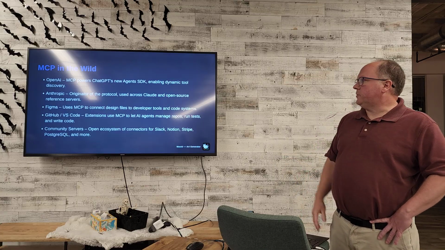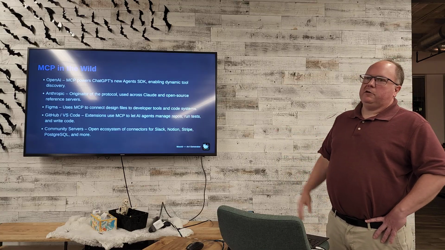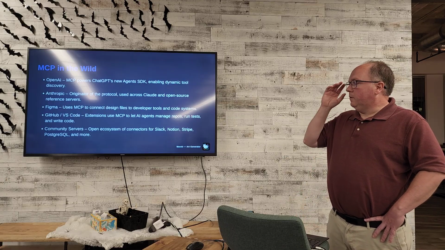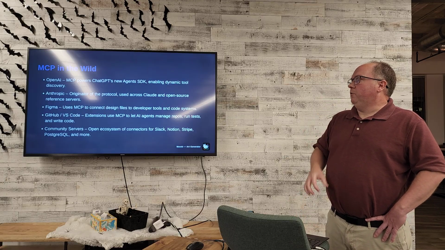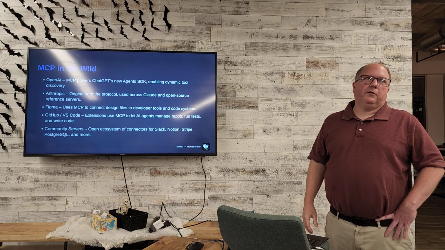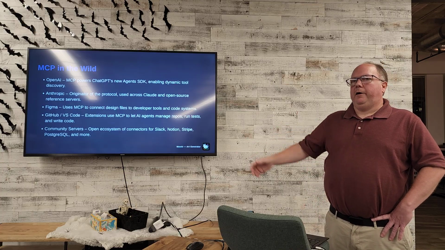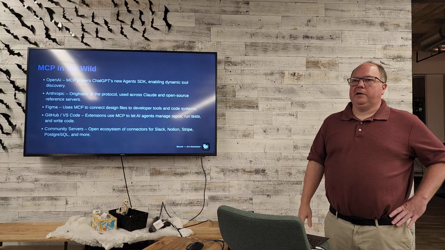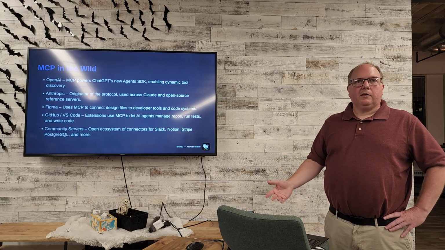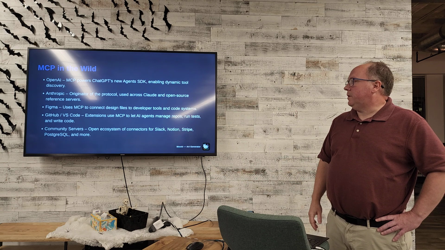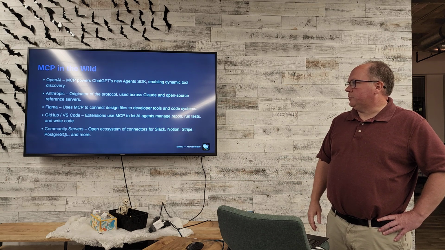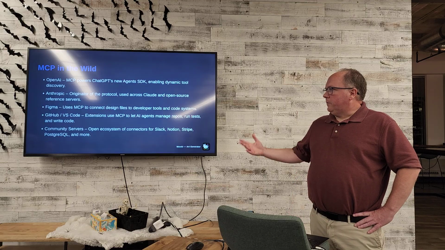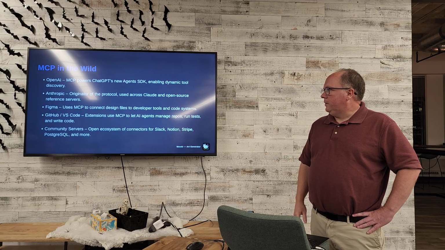And then there's some others, but they've all adopted this as a standard protocol, which is really surprising because everybody wants to own the protocol. Owning the protocol is like owning the gateway between one thing and another, and being the gatekeeper is really where the money's at. But Anthropic gave it away, which I think was a pretty cool choice, and is allowing these other tools to come to be.